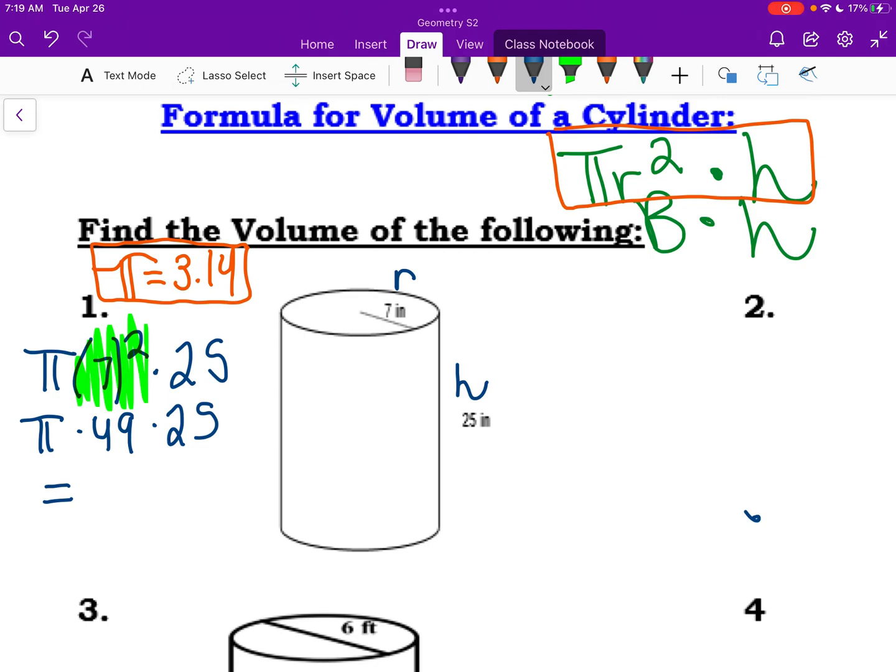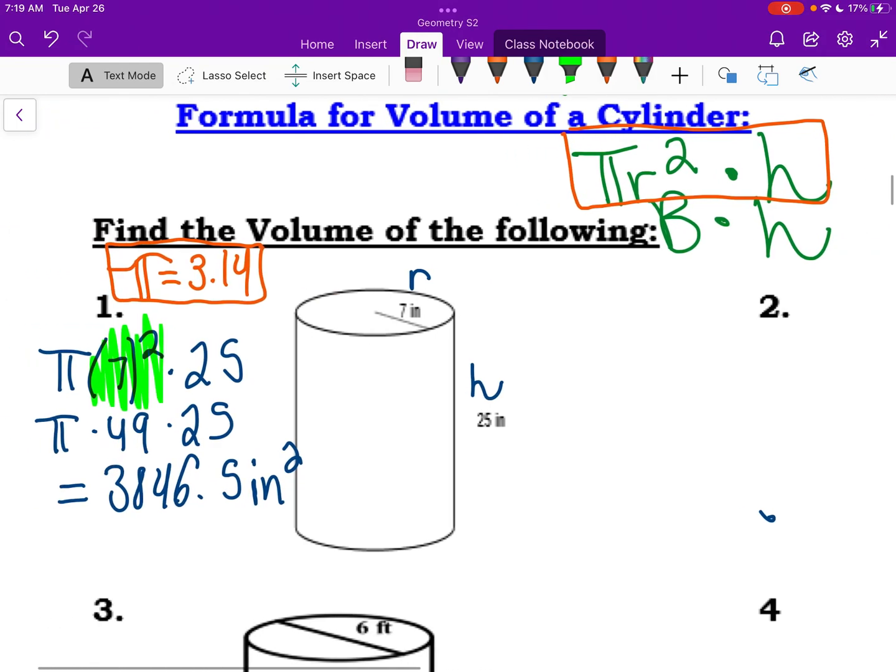So 3.14 times 49 times 25. Do this along with me. So 3846.5. Whenever I'm working out these video notes, I like to work out the problems myself too to make sure that I understand how to put it into the calculator.